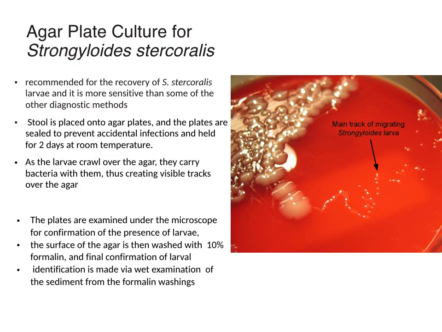Agar plate culture for Strongyloides stercoralis. This technique uses stool specimens which are simply added to an agar plate with bacteria. After 2 days of incubation at room temperature, when larvae crawl over the agar, they carry bacteria and create visible tracks like this.